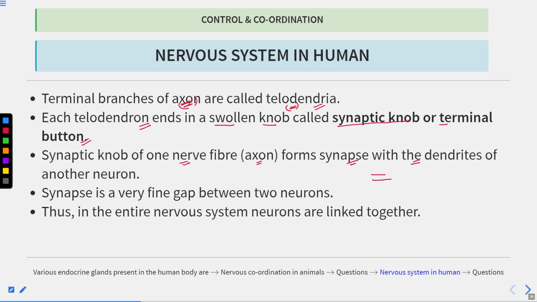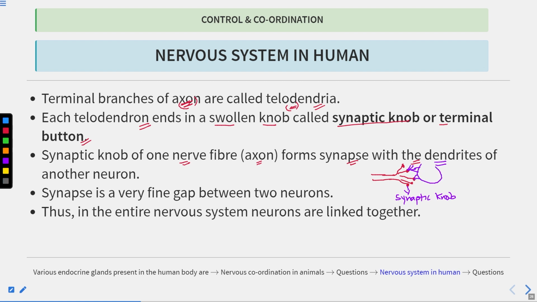So we have already seen in the structure of the neuron, if this is the axon, you can see in the end it was branched. At the ends were swollen. These are known as the synaptic knob. And these form a connection with the dendrites of another neuron. So here we have the dendrites.